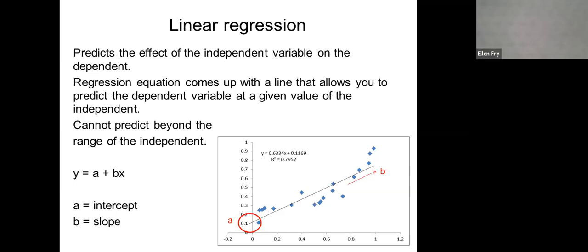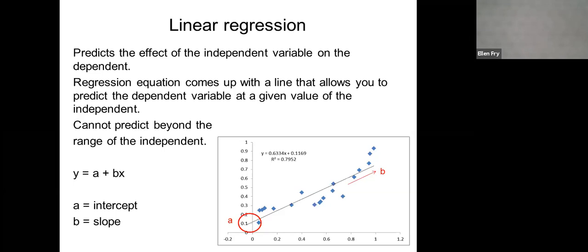And then the other parameter is B, the slope, which is the steepness or gradient of the line. So I've placed the correct equation on the graph for your reference. And you can see that the intercept is 0.1169. The equation is the other way around here, but it doesn't make any difference.